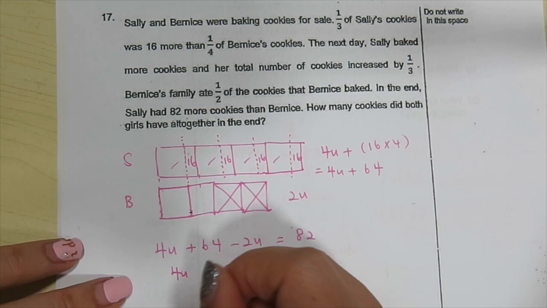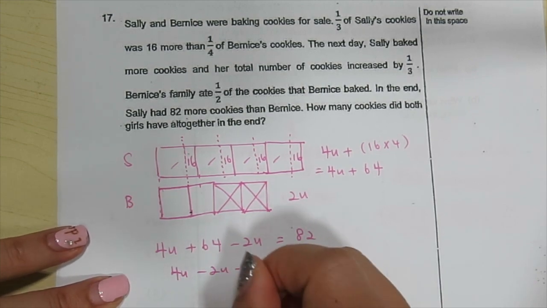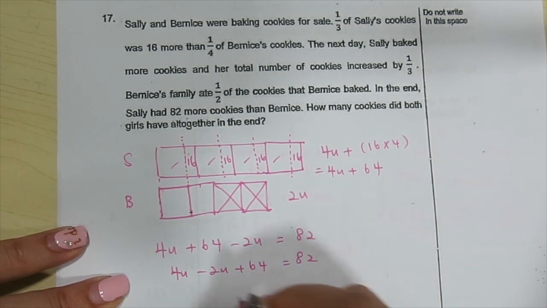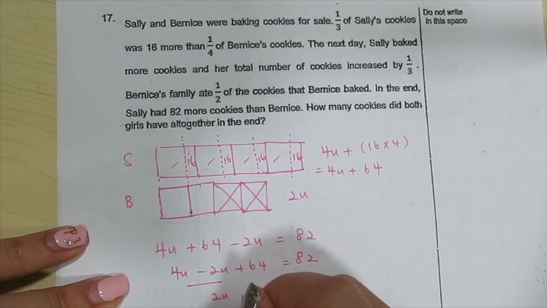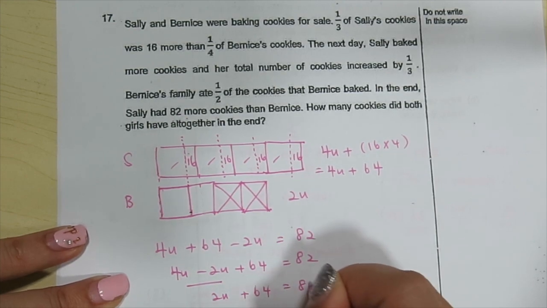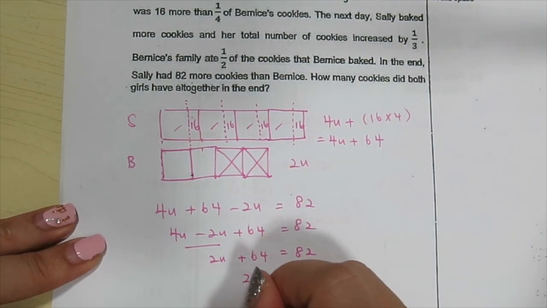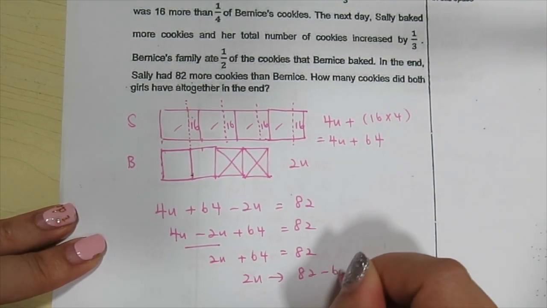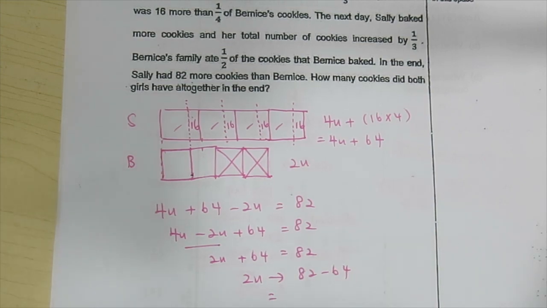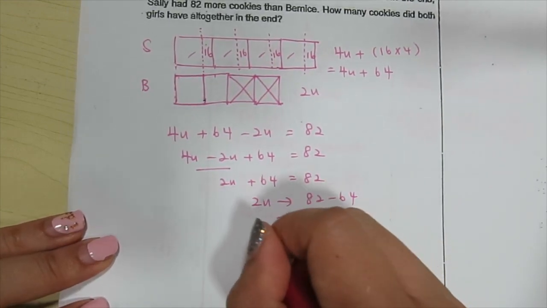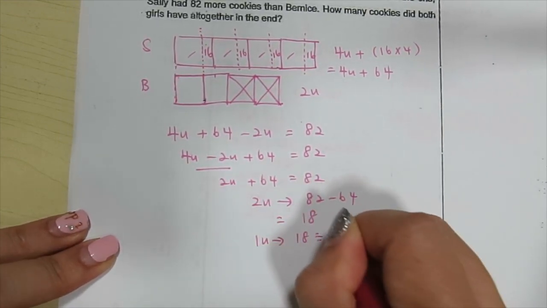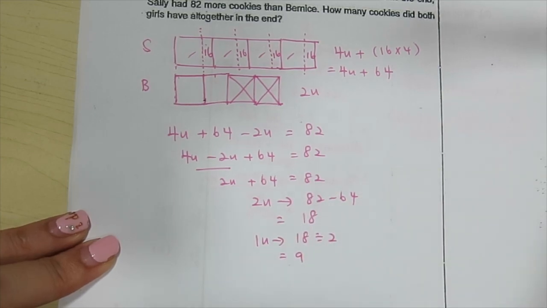So if I put them together, 4u minus 2u plus 64 is equal to 82. So 2 units plus 64 is 82. So 2 units will be 82 minus 64, 18. So 2 units is 18. 1 unit will be 18 divided by 2, which is 9.